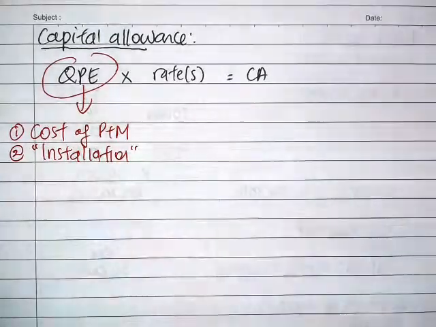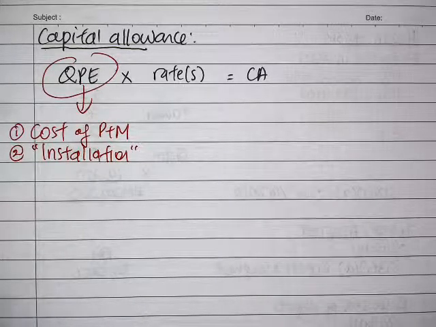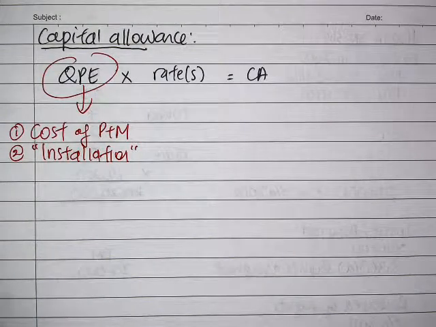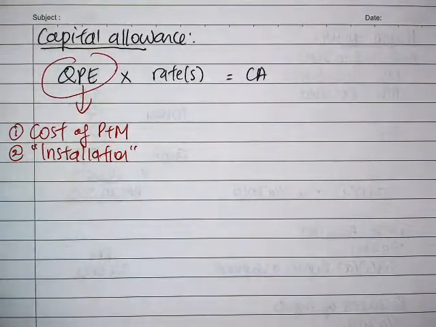Alright, so anything that is incidental to installation, including if you need to alter the building for the purpose of installing the asset. So if you see the word installation is there, okay? Now it's also qualifying.